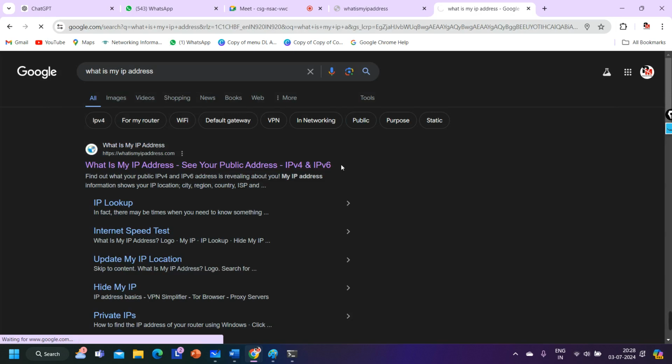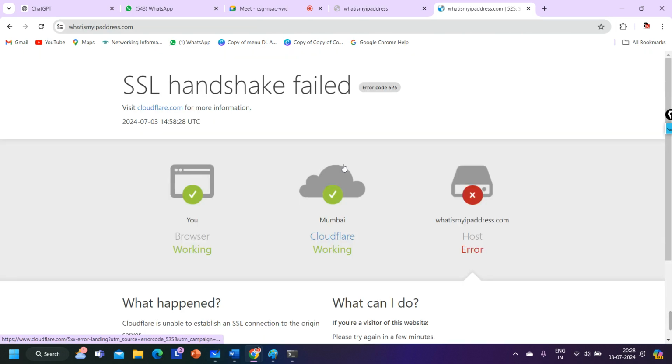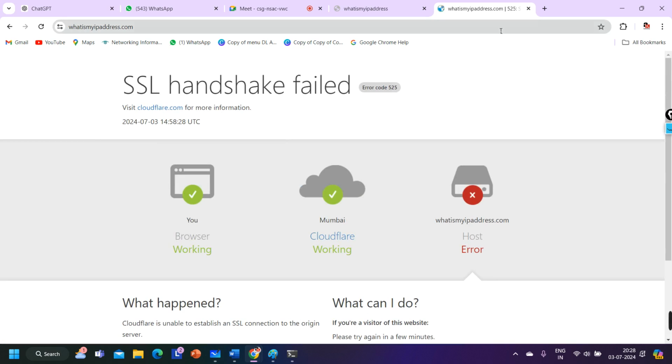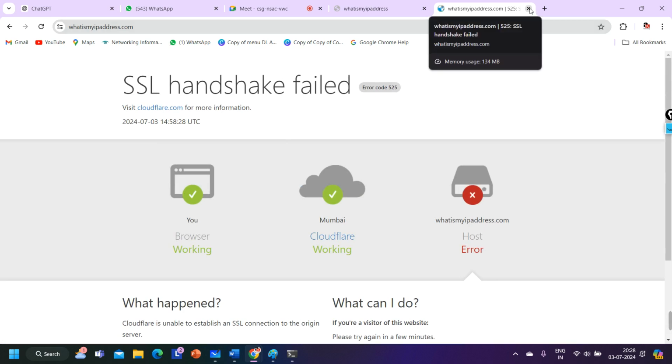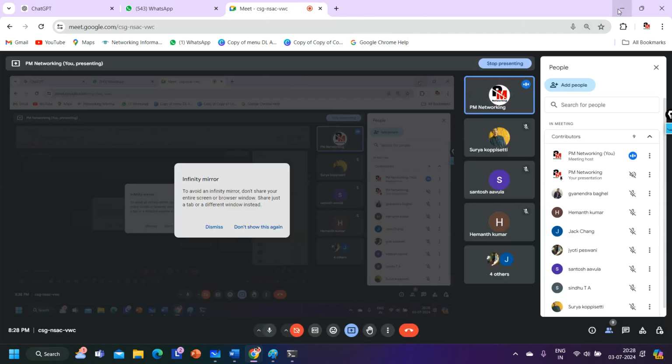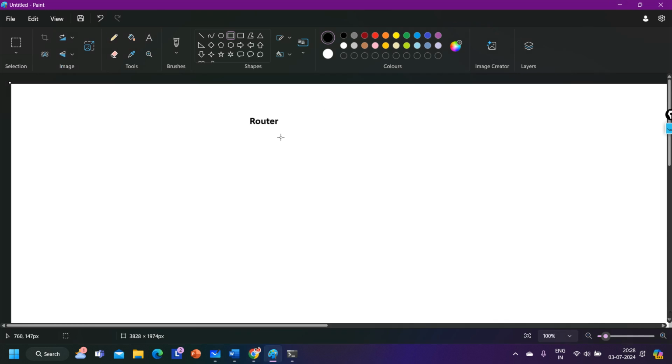It will show me IPv4 as well as IPv6 address. Multiple sites are there, so you can check your public IP address. You are reaching the internet through that public IP address. So actually NAT is doing translation. NAT is not there to secure your network.